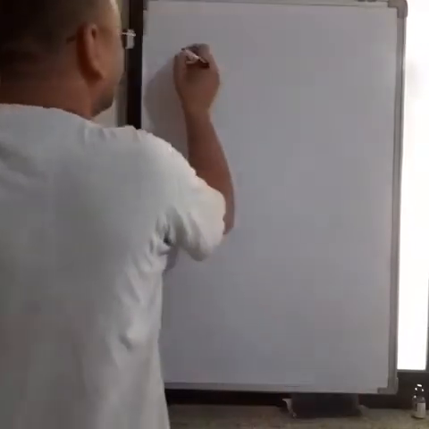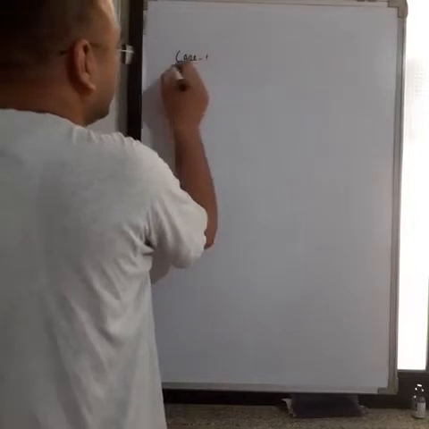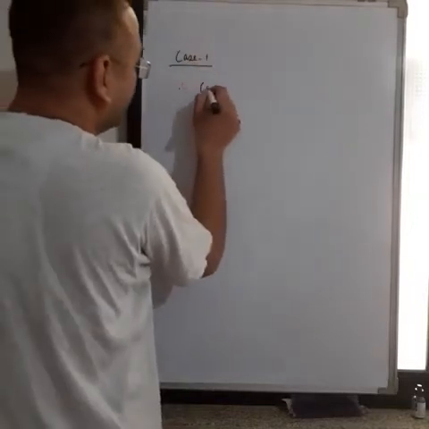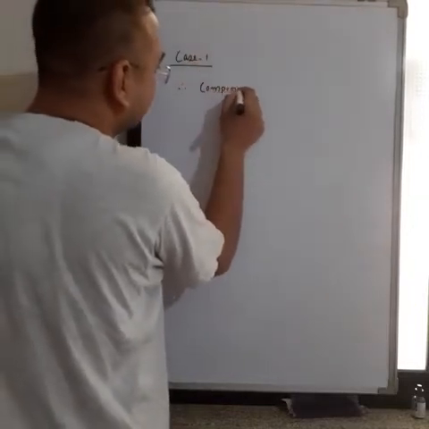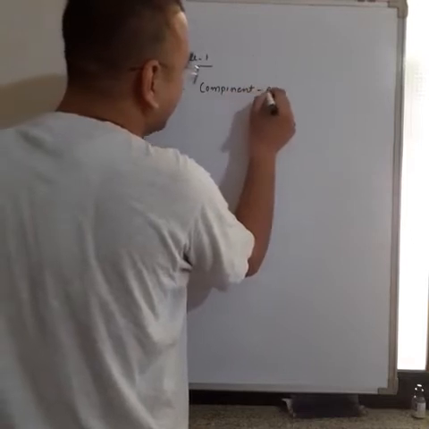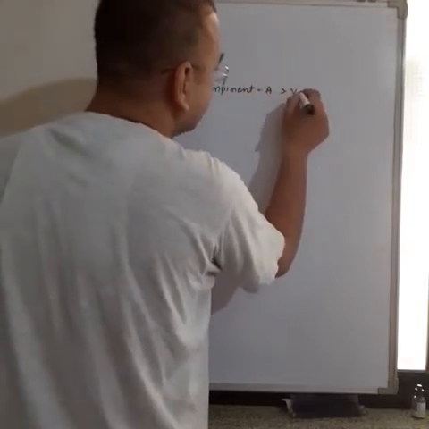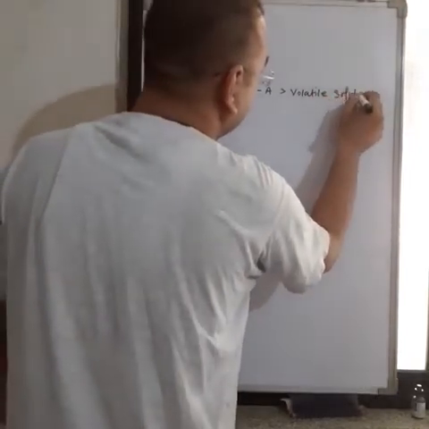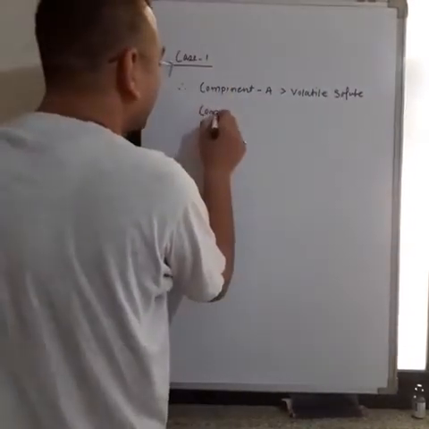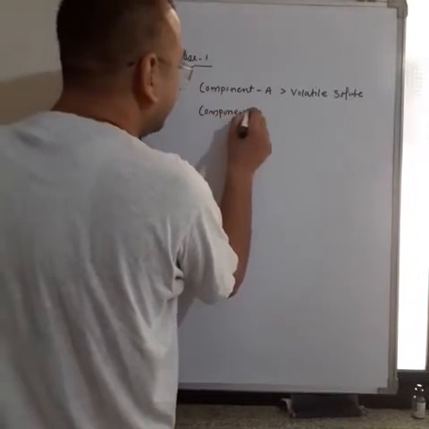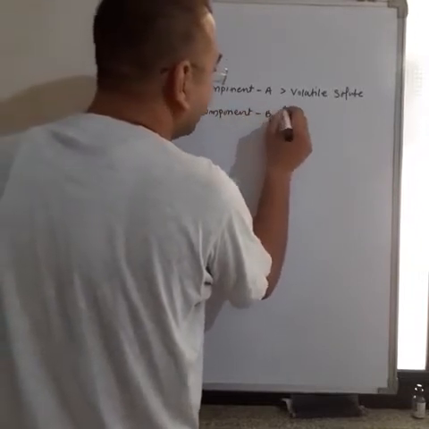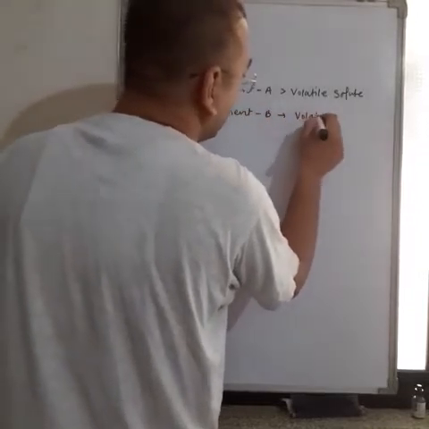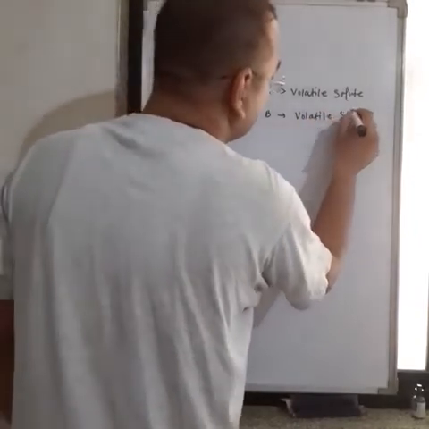So here in case 1, component A is the volatile solute and component B is the volatile solvent.